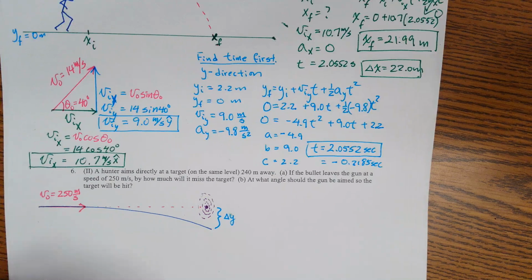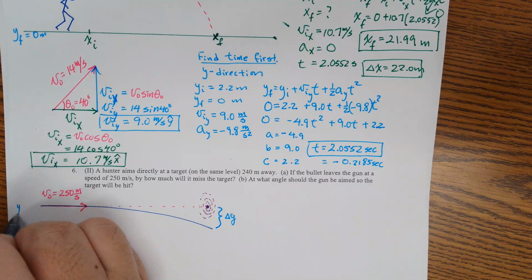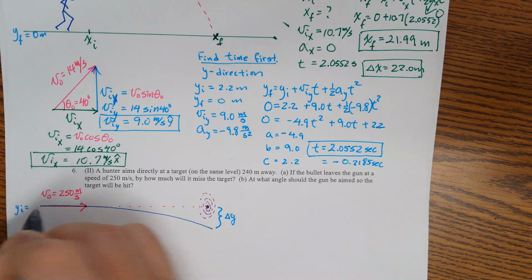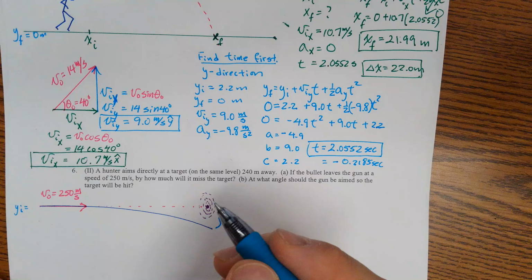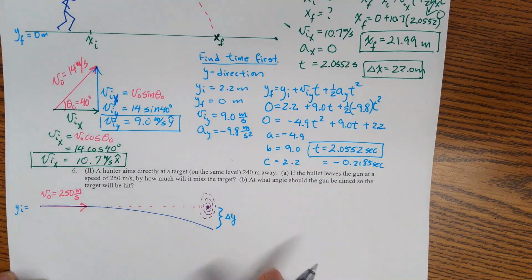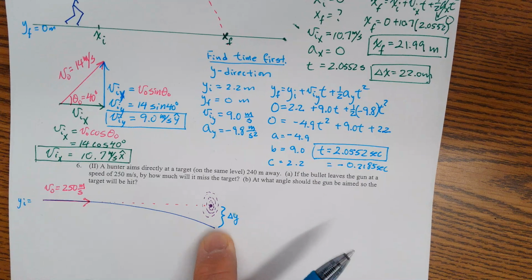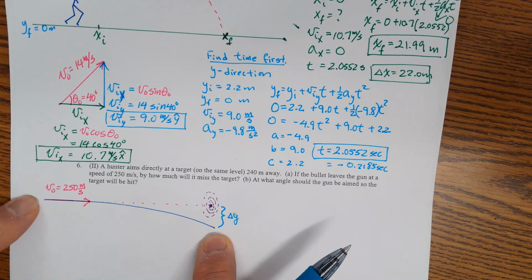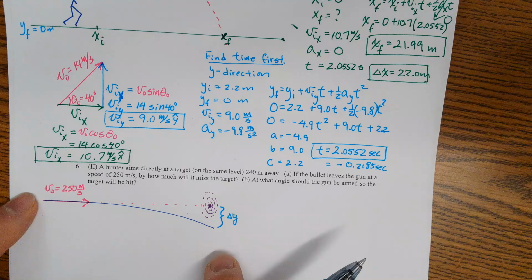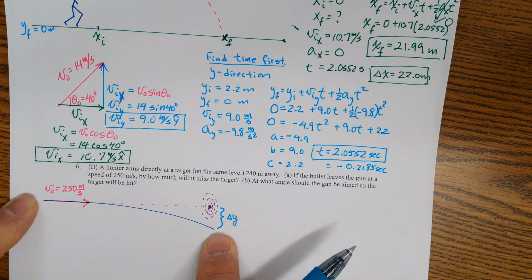Okay, so we're going to consider here y initial. Where do you want to make your zero? You want to make your zero here, or you want to make your zero here? It shouldn't matter, because if you make your zero here, your delta y is most likely going to come out to be a negative value because it's going down.